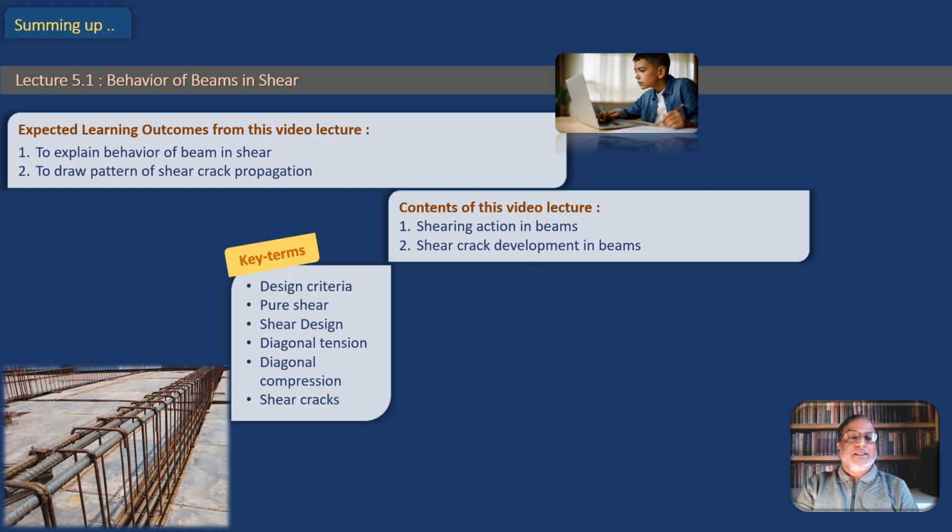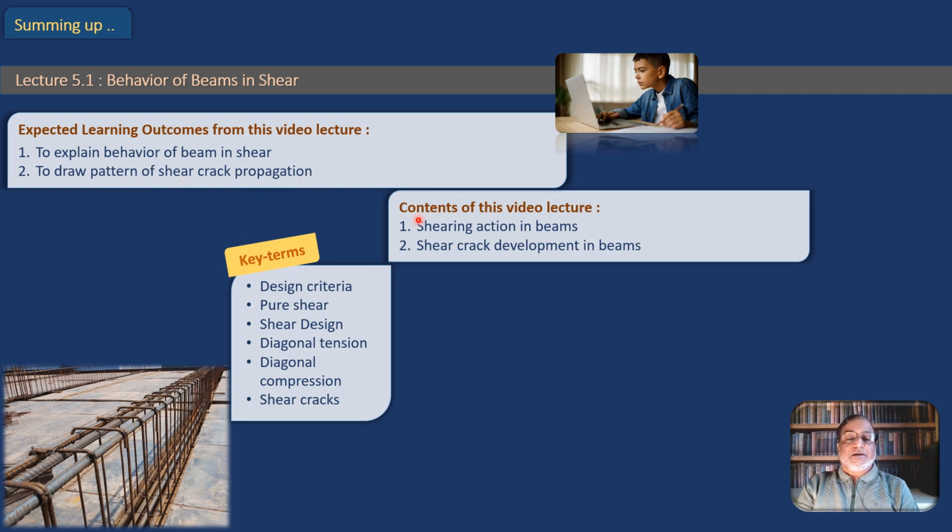So finally, let us sum up. This was lecture 5.1 in which we studied behavior of beams in shear. The expected learning outcomes from this video lecture were: 1. To explain behavior of beam in shear. 2. To draw pattern of shear crack propagation.